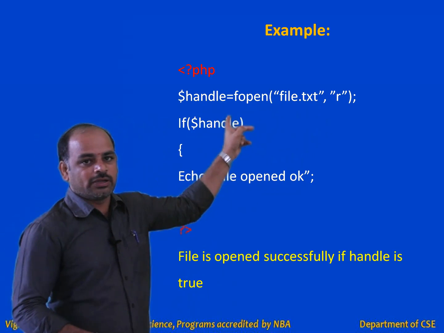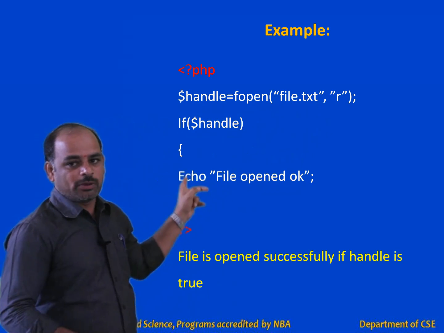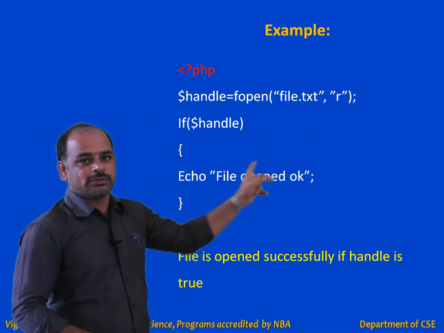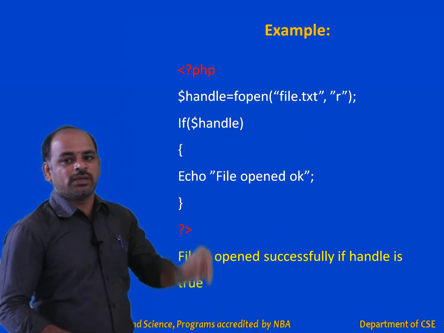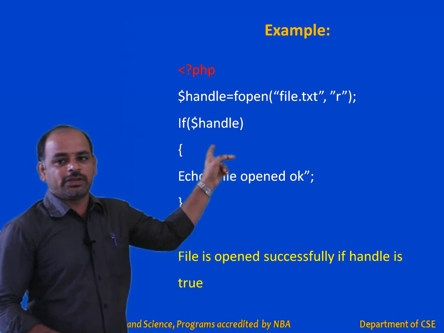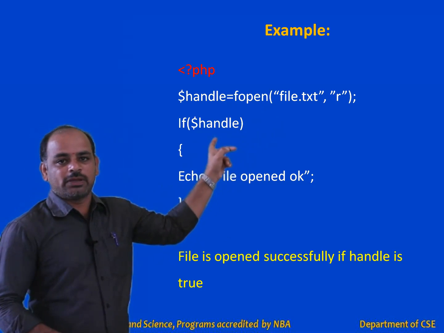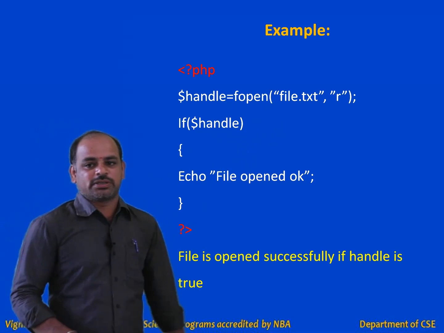Then this block will be executed: echo file is opened, file opening is okay, otherwise nothing will be executed. So here we are opening the file and verifying whether that file is opened or not by using this if block, right?